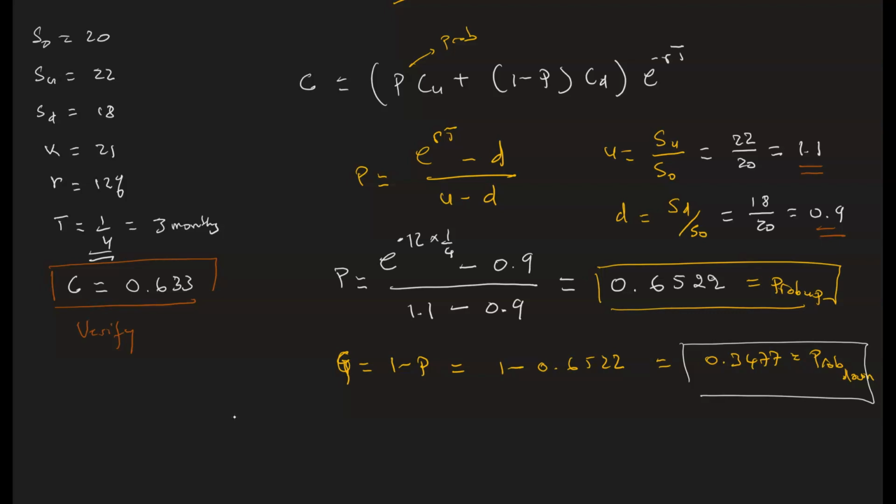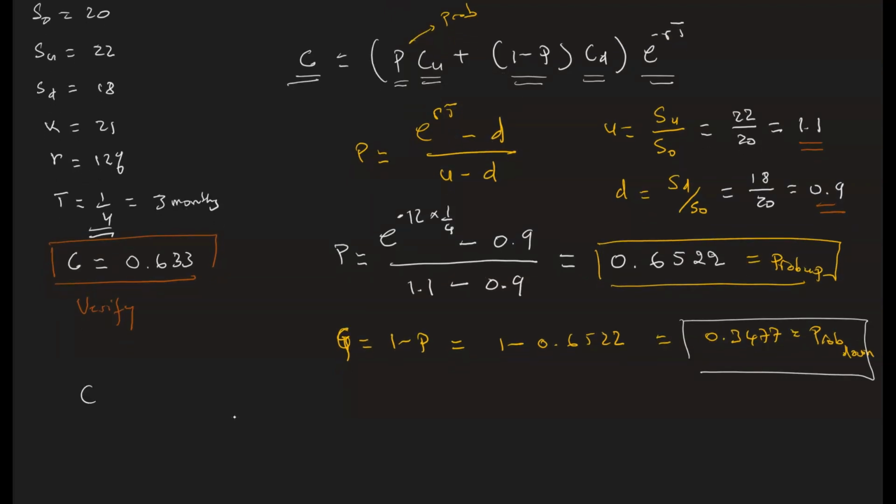And what we said is that the call option value is going to be probability up multiplied by call up plus probability down multiplied by call down, present value. And so call up, remember, is equal to stock up minus strike price, which is equal to 22 minus 21, which is equal to 1.